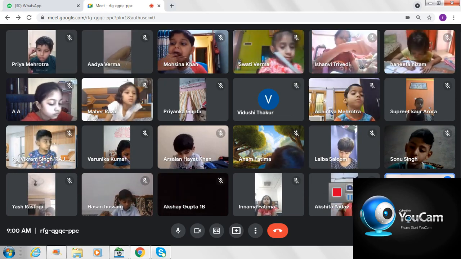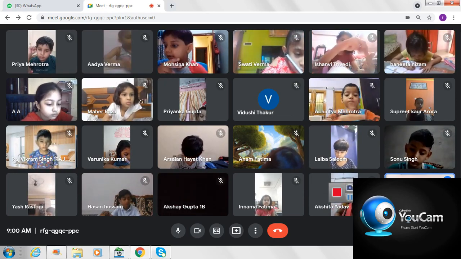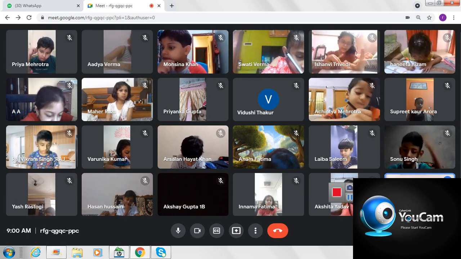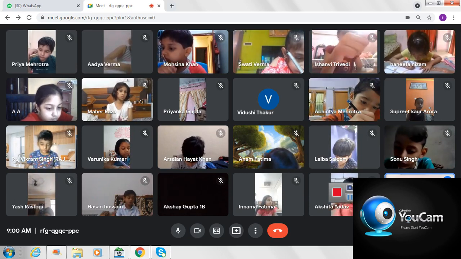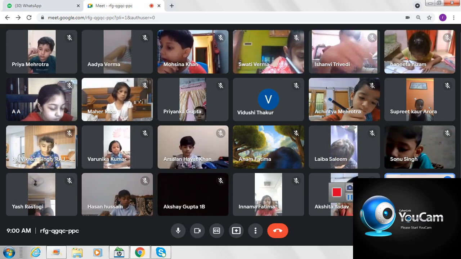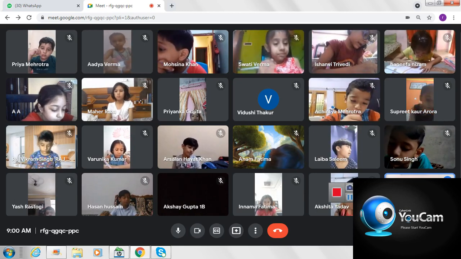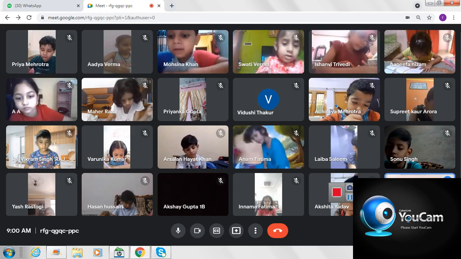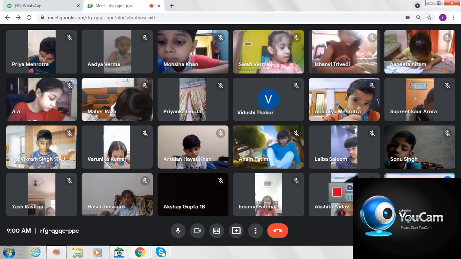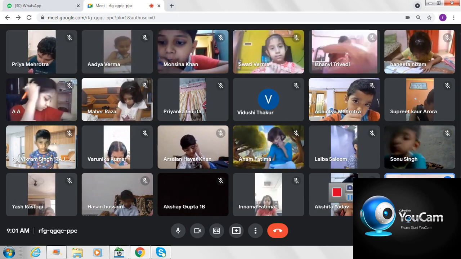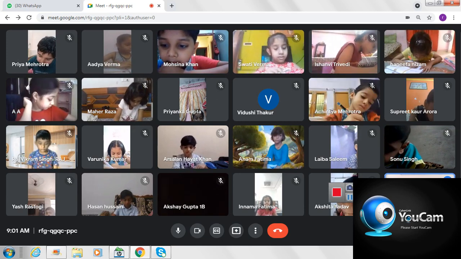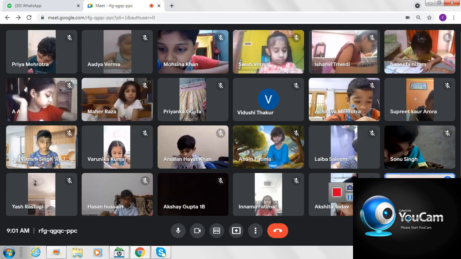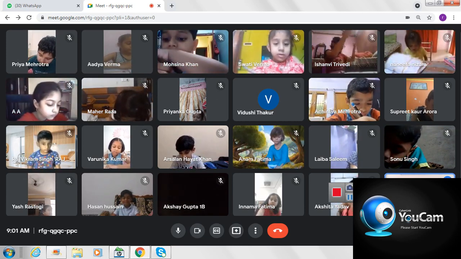What happened, Vidushi? You are not there anymore. Next, 7 plus 3. Now when you are writing the answer, see that you are writing the numbers in the correct square. This is important.